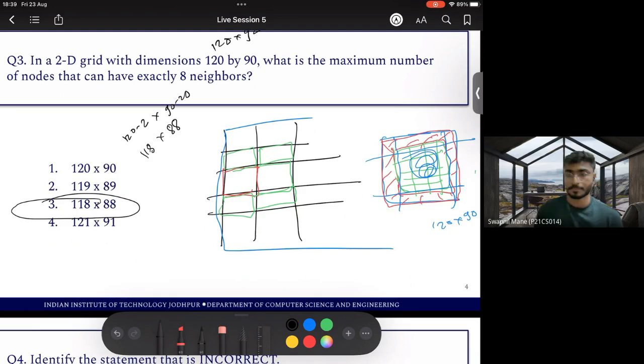Understood? I hope you understood the question and solution as well. Is there any doubt, or anything difficult to understand? I will repeat those concepts as well.